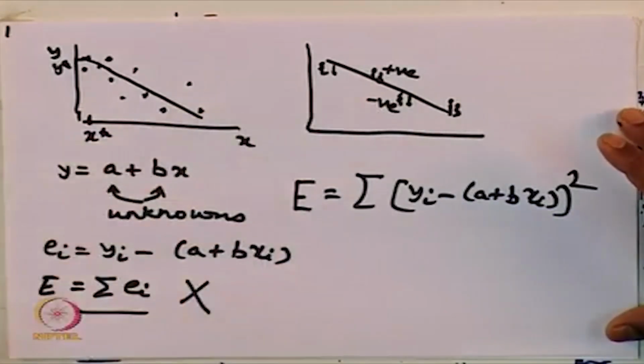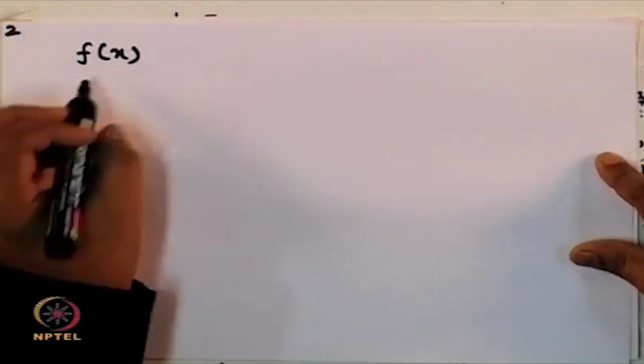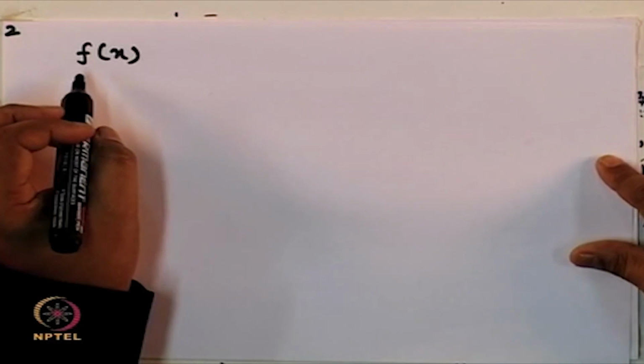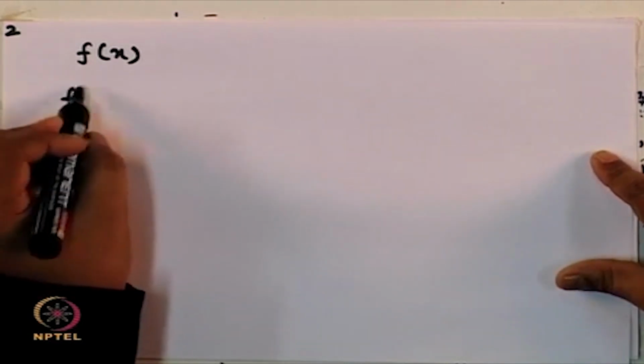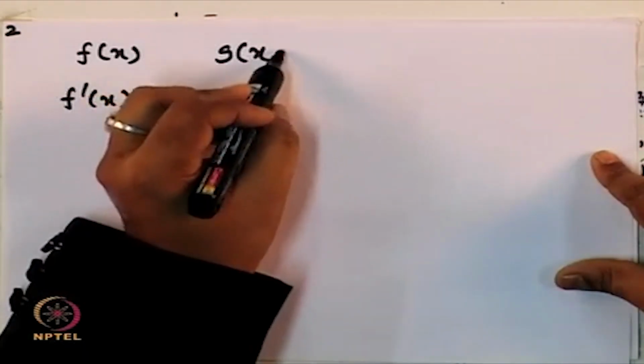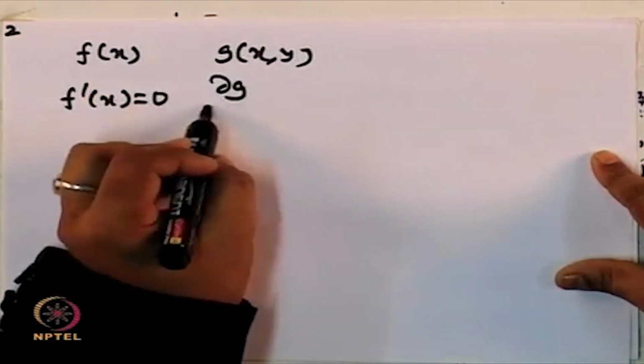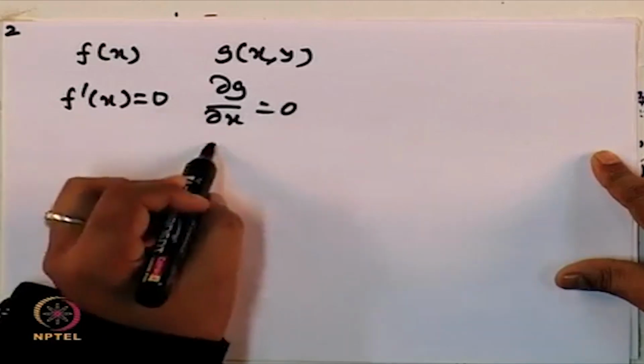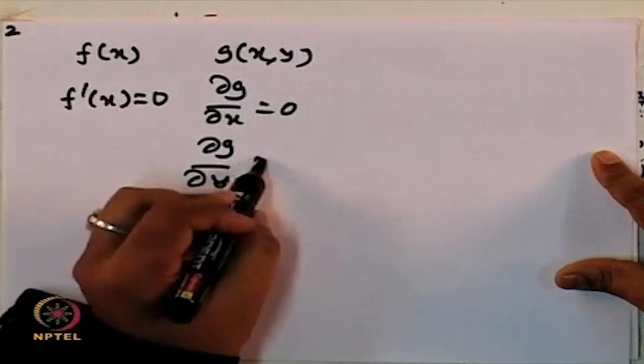And we had briefly discussed that, as opposed to a function of a single variable, where for f of x you find where it is minimum by setting f prime of x equal to 0, when you have g of x comma y, you set del g del x equal to 0 and del g del y equal to 0.